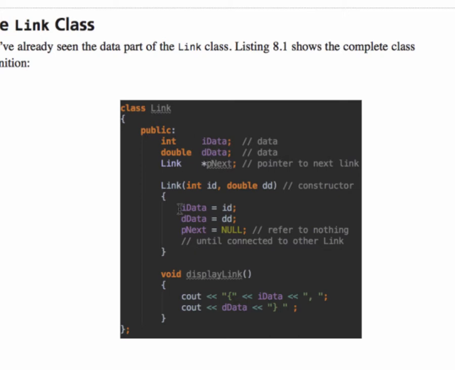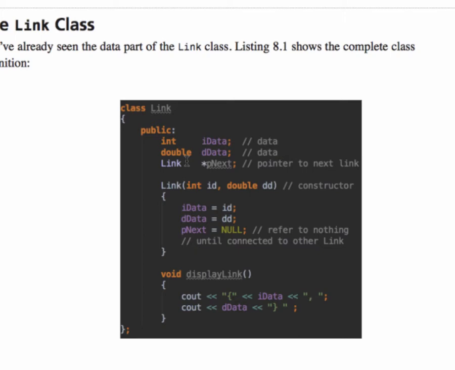The reason why we don't have more methods is because the author decided to make these variables public. That means I will be able to access any link's variables directly, just using the dot. So if I make a new link called tempLink, and I wanted to change the data for tempLink, I can say tempLink.iData equals something else.